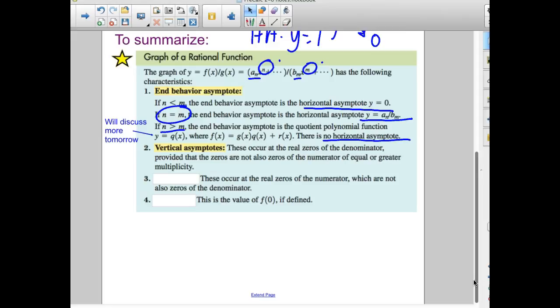Vertical asymptotes. It says these occur, listen please, these occur at real zeros of the denominator, right? We looked at the denominator, what makes it 0? It says provided that the zeros are not also zeros of the numerator of equal or greater multiplicity. What that's telling you is you just want to make sure you have reduced any common factors.